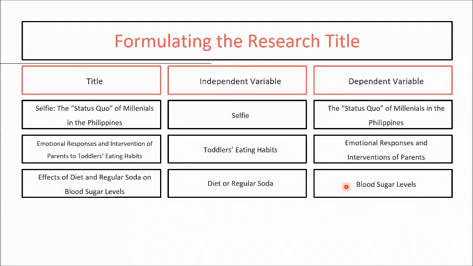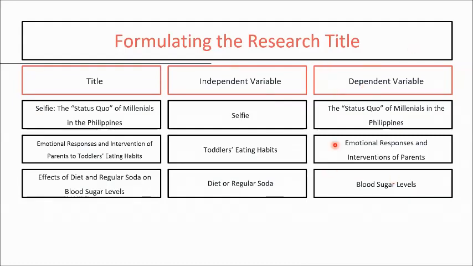Right? Gets kung paano? Diba? That's why it is dependent variable. Kasi magbabago si dependent variable based on kay independent variable. Gets? Kung paano sila?